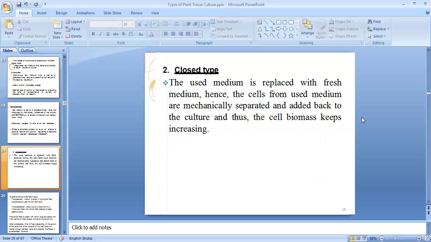In this, the used medium is replaced with the fresh medium, and the cells from the used medium are mechanically separated and added back to the culture, and thus the cell mass keeps increasing. This is the closed type of suspension culture.